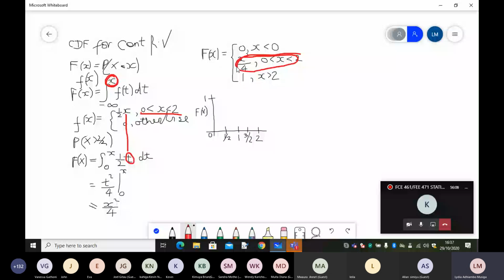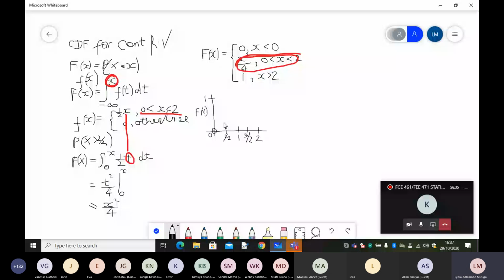When x is 0, we just have 0. When x is a half, capital F of x will be 0.06.